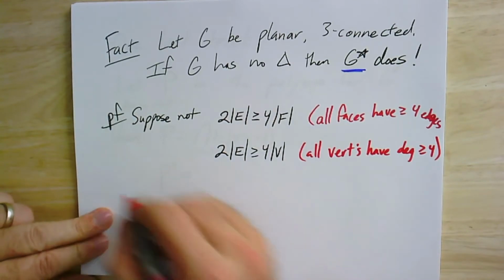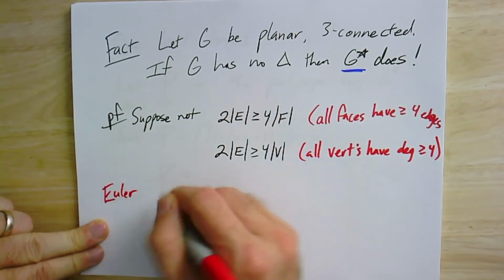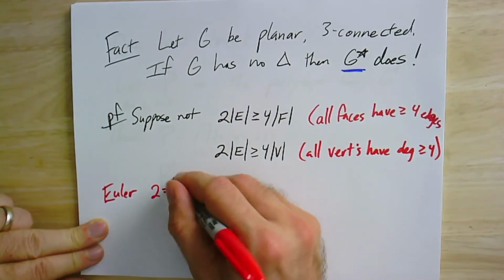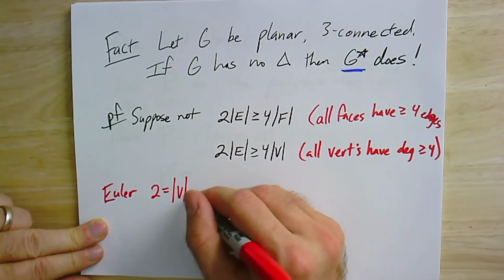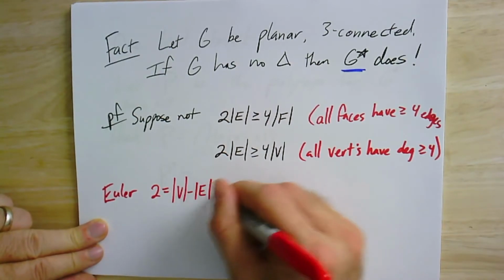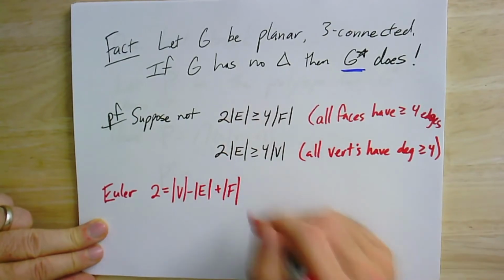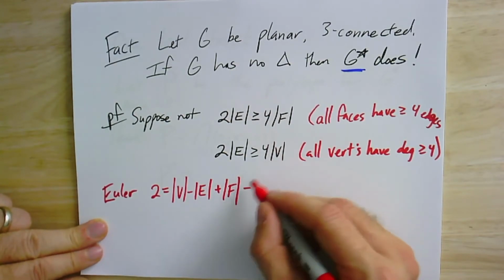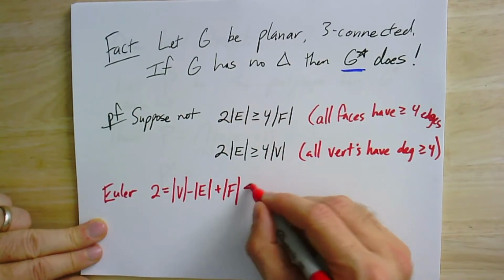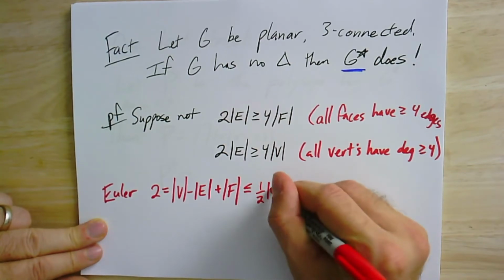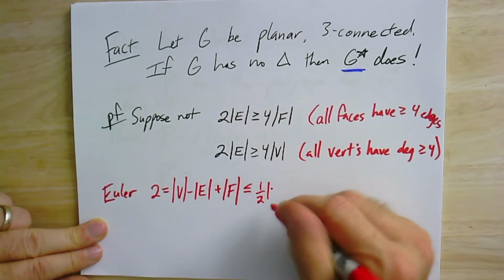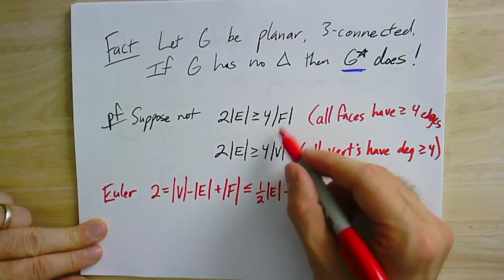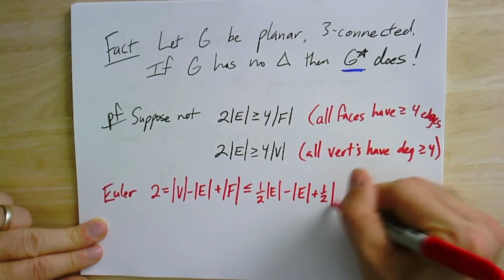Now we're just going to plug it into Euler's formula. Remember that Euler's formula tells us for these connected graphs that 2 is equal to the number of vertices minus the number of edges plus the number of faces, which now we know is less than or equal to half the number of edges minus the number of edges plus f, which is also less than or equal to half the number of edges.